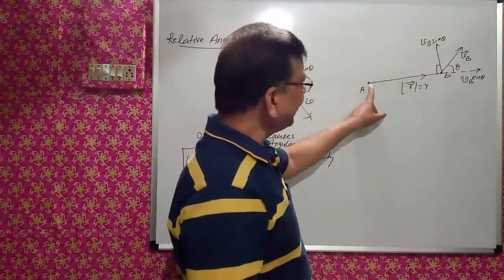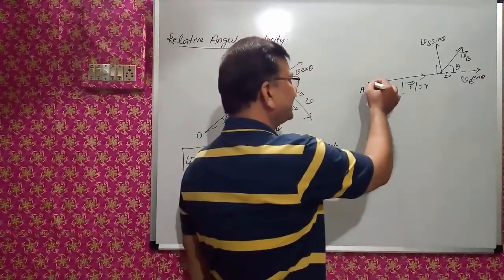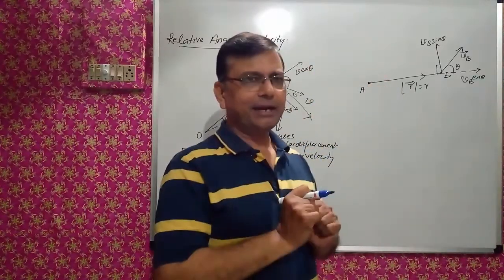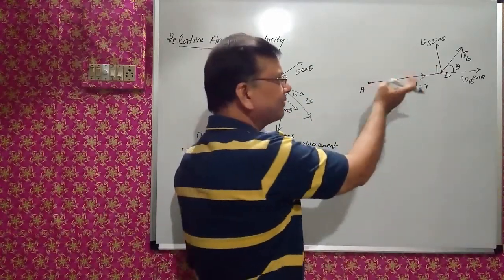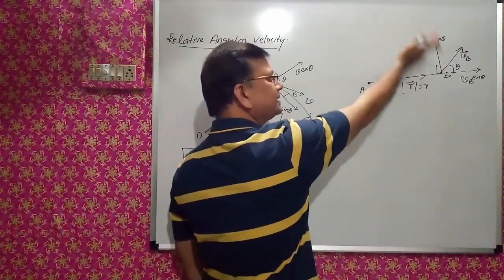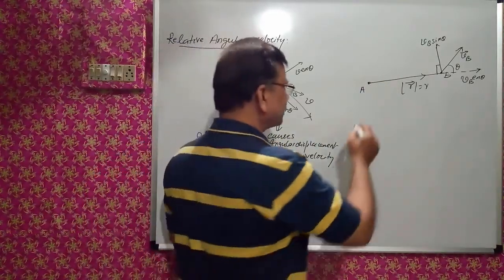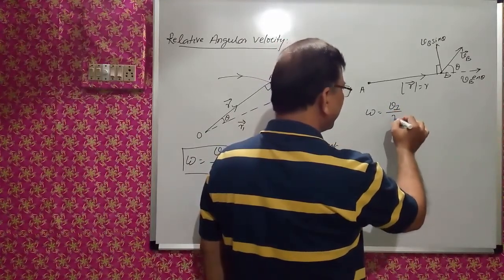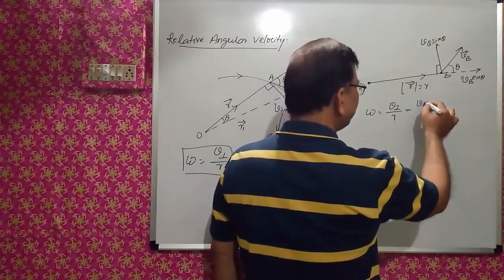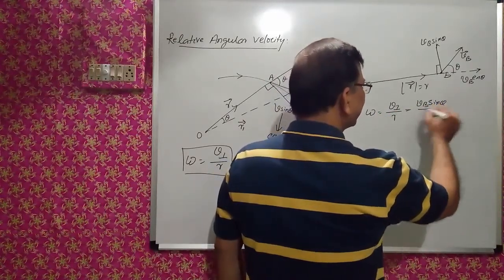Then we will say angular velocity of B with respect to A. Now it is at rest. Observer is standing and observing. So instantaneous angular velocity in this direction, instantaneous means d theta by dt. So omega is V perpendicular upon r, that is Vb sin theta upon r.